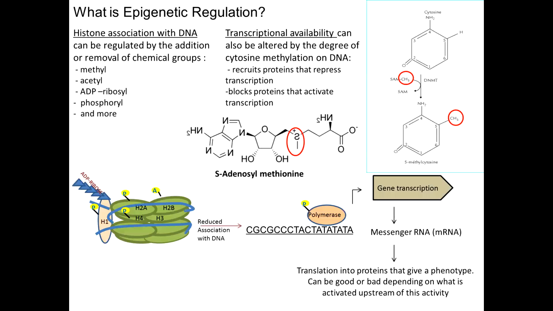So here what we can see on the left-hand side, close to the bottom, are the histones, which are the green ovals, and the blue lines around the histones represent DNA. And when there is close association between this histone and DNA, there is going to be less transcription of a respective gene.